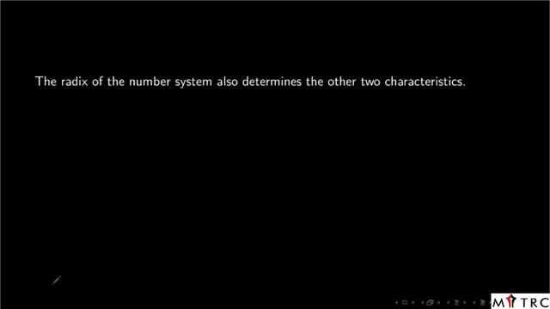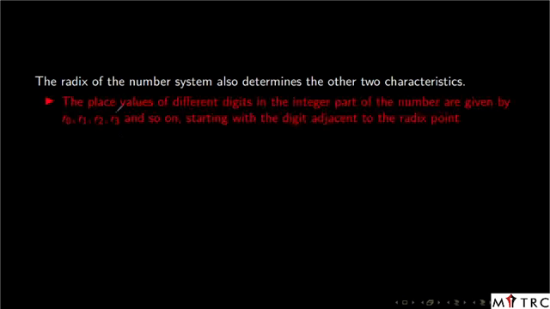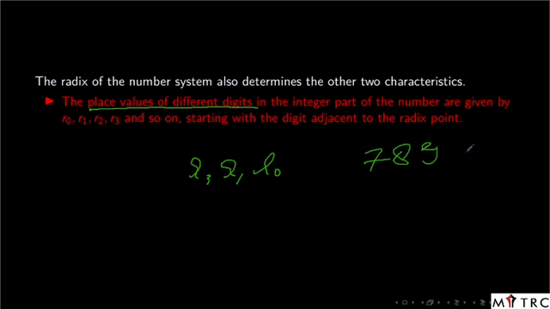The radix of the number system also determines the other two characteristics. As I have told you, the radix is the most important characteristic and determines the other two. For example, the place value of a digit can be given as R to the power 0 for the first digit, R to the power 1 for the second digit, R to the power 2 for the third digit, in a particular radix format. In the decimal system, for example, we have 789. Here R is equal to 10.